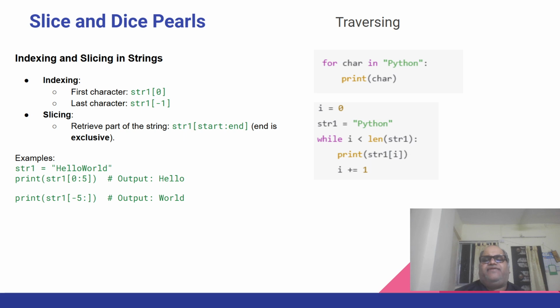So it will start at 0, string 1 of 0 will be capital P, then i will be increased, so then you'll access the first one, which will be y. Then again the next one, which will be t. Then similarly h, and so on, till you reach the fifth iteration where you'll access n. So you can traverse around using both for and while loop variants.